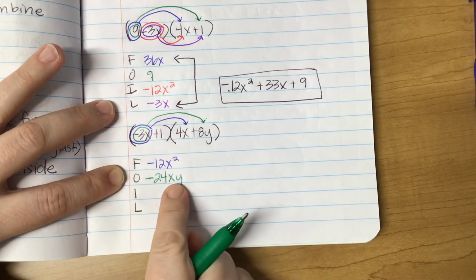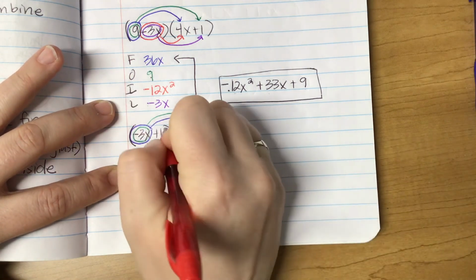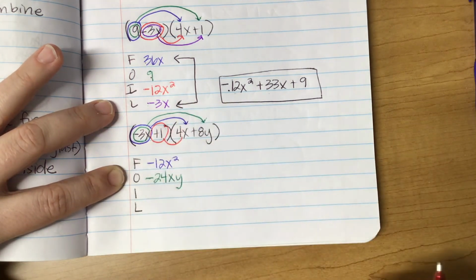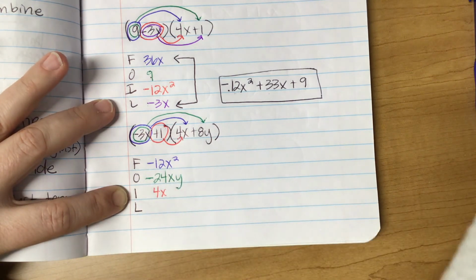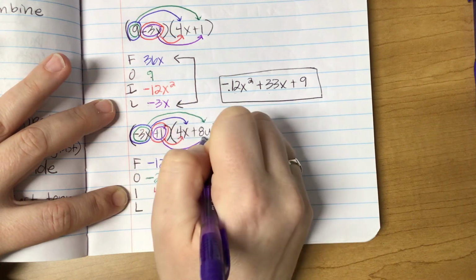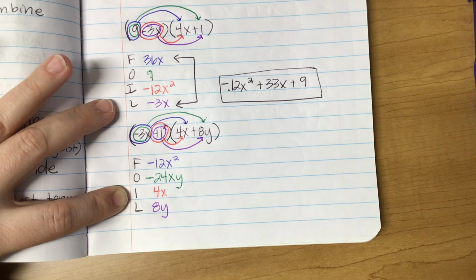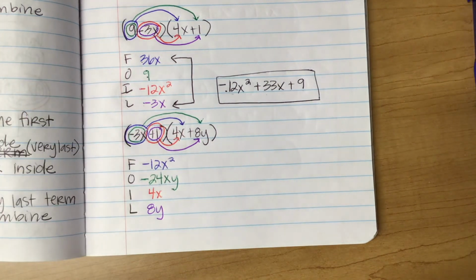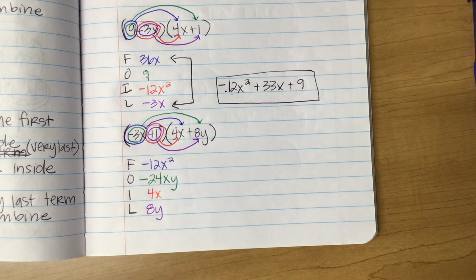I can't combine, so I just list them out. Then I have 1 times 4x, which is 4x. And 1 times 8y, which is 8y. I look for like terms. Nothing. I don't have any like terms. Nothing can be combined. So I'm going to write my answer.